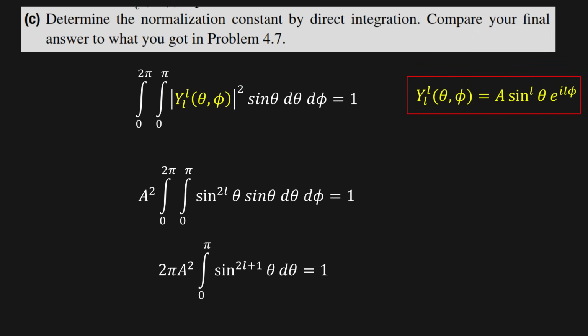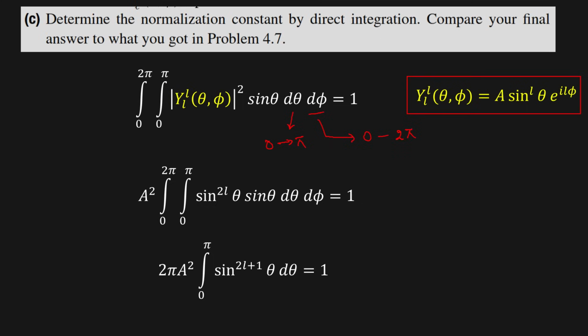Now d theta, as I said, varies from 0 to pi, then d pi varies from 0 to 2 pi. And we know Y L L is equal to A sine power L theta e power I L pi. So if you take modulus square, this exponential term naturally will go away. Then you have to square the first two terms, that is A squared sine power 2L theta. Already there is one sine theta, d theta, d pi.